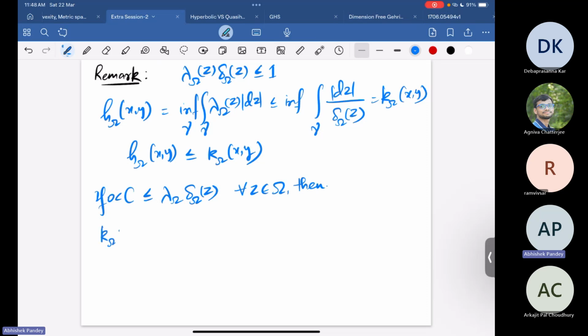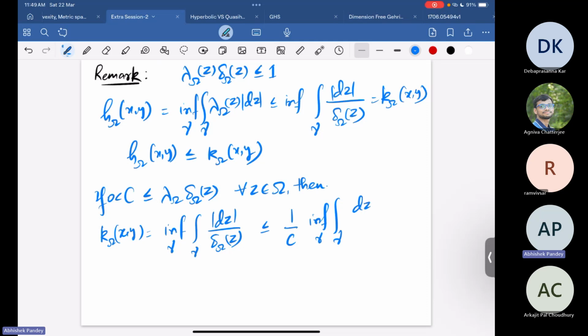So k omega is basically infimum over the curve gamma mod dz upon delta omega z, and this will be, I think, 1 by c infimum over gamma lambda omega z mod dz, and this is basically less than or equal to 1 by c into h omega of x comma y.